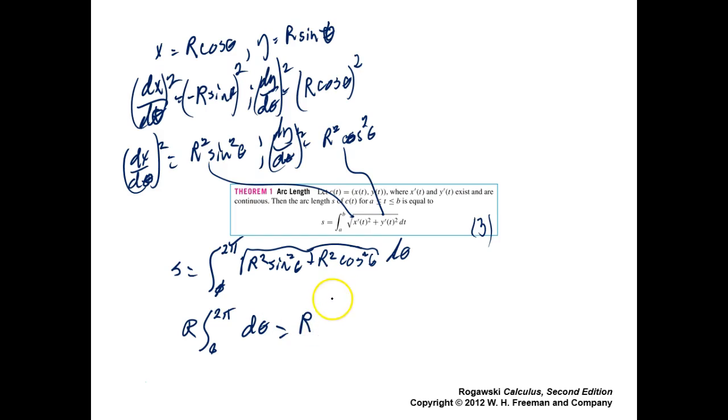R times the antiderivative of d theta, which is just theta, evaluated from 0 to 2 pi. The 0 doesn't give us much of anything, so what you have is 2 pi r, which is the circumference of a circle, one time around, and that's exactly what we get. Okay, 2 pi r. Make sense?